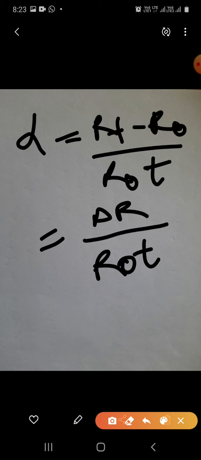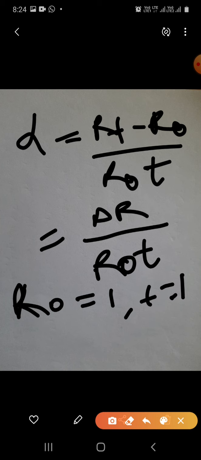If R0 is 1 and T is 1, then alpha will be del R, or RT minus R0.